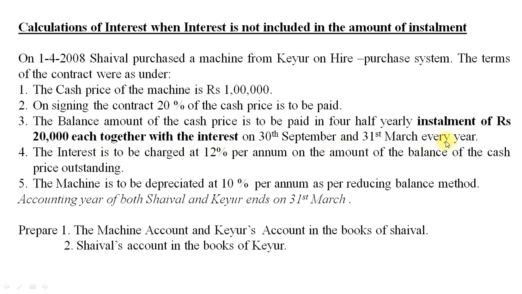This means that in 2008-09 we are going to have 2 installments of 6 months each on 30th September and 31st March. And in 2009-10 also we are going to have another 2 installments of 6 months each on 30th September and 31st March. The years are 2, but in one year there are 2 installments, half-yearly, that is 6 months. Okay, this is the first thing.